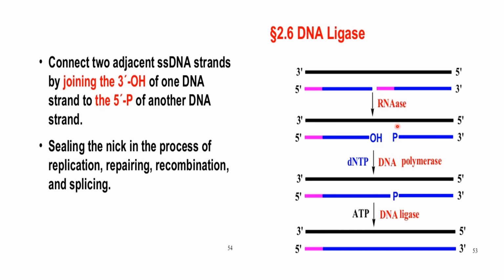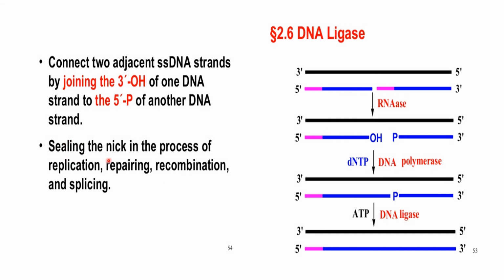Here, first the RNase removes the primer, then a DNA polymerase extends the chain from 5' to 3', and then comes the ligase, which forms the phosphodiester bond linkage to seal the nick present inside the newly synthesizing strand of DNA.